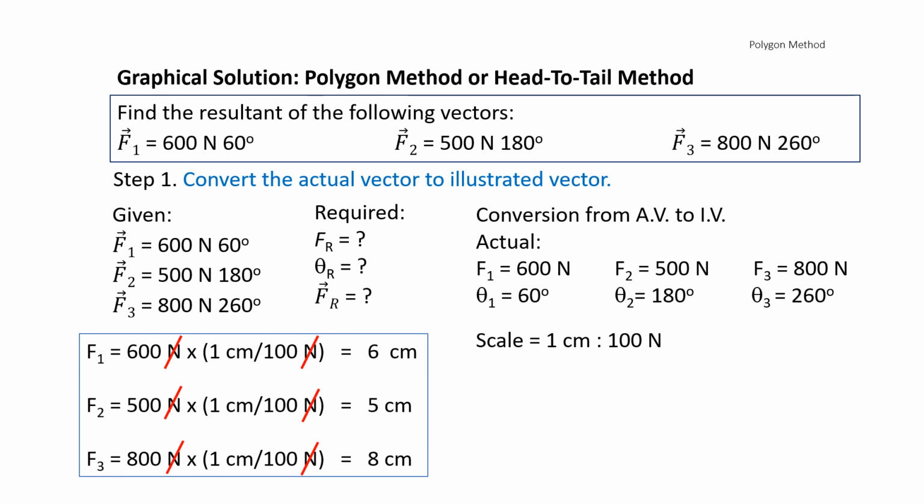So following the same method in converting measures, similar to what we did in the parallelogram method, the illustrated vectors have magnitudes of, for F sub 1, 6 centimeters, F sub 2, 5 centimeters, F sub 3, 8 centimeters.